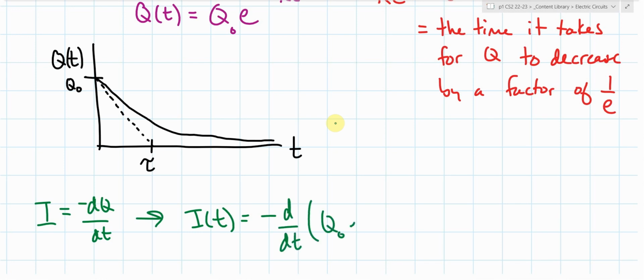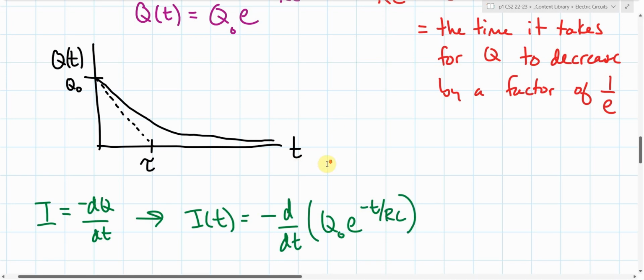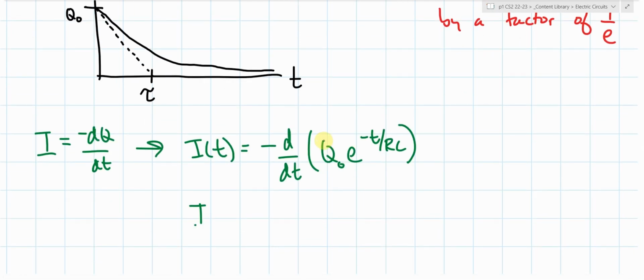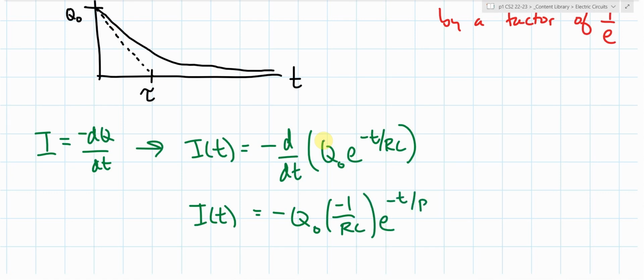I should really write it out. We're taking the derivative of this. I had that negative already. Then I got the Q naught. The exponent is negative t over RC. The derivative of that is negative 1 over RC. And then it keeps the old function. Take the derivative of it and it just comes back again. It never goes away.